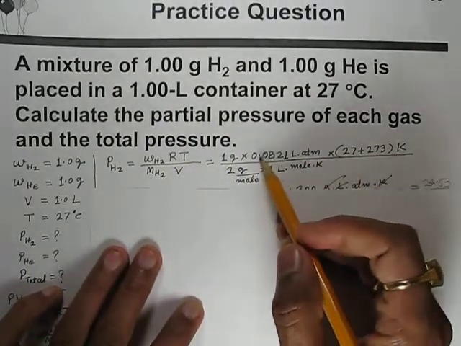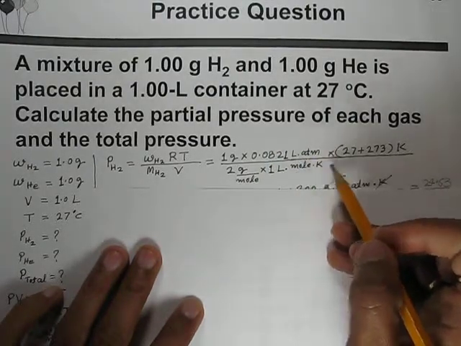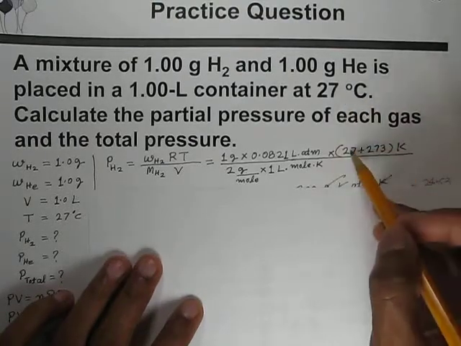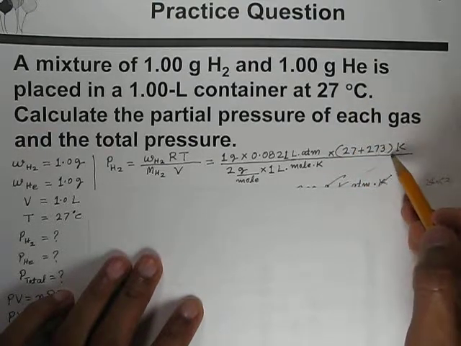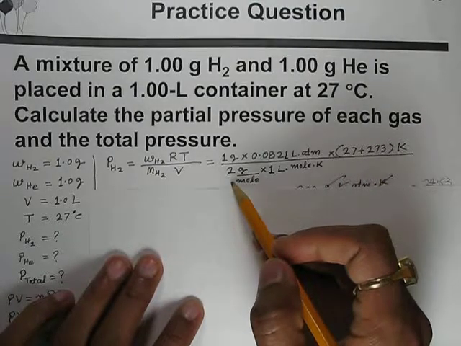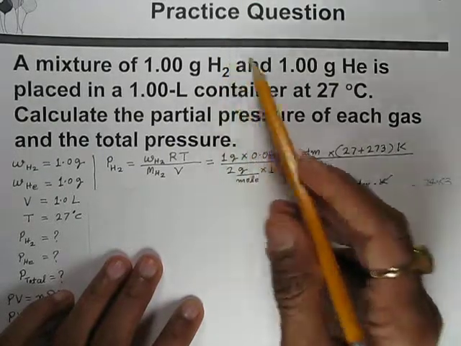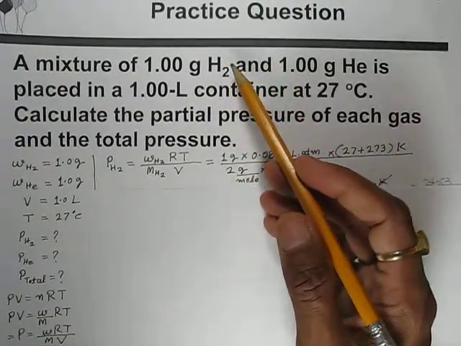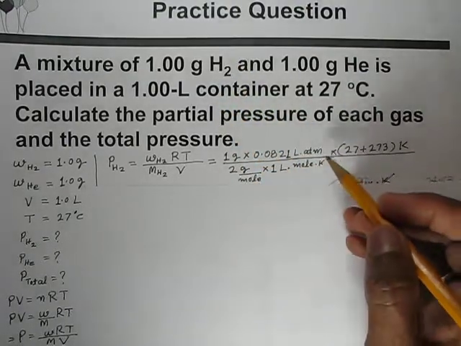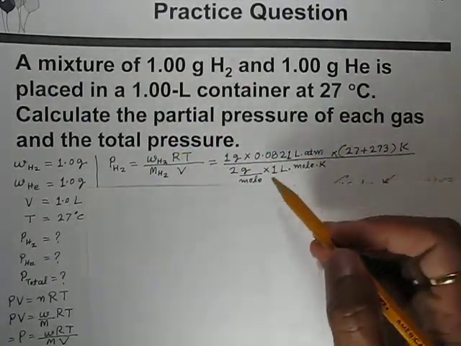R is the gas constant, 0.0821 liter atmosphere per mole Kelvin, multiplied by 27 degrees Celsius, to which we need to add 273 to convert to Kelvin, and then divided by the molar mass of hydrogen gas. Hydrogen is a diatomic gas and its atomic mass is 1, so for H2 it will be 2 gram per mole, and then the container is 1 liter.